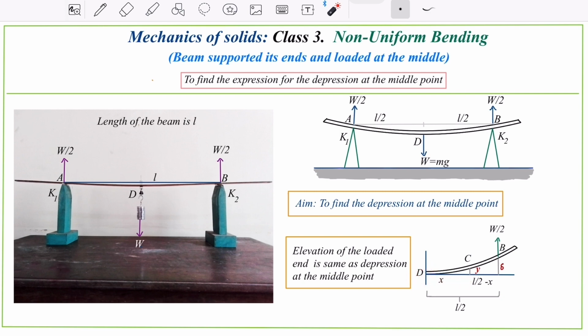Now consider a section C inside the beam which is at a distance X from the fixed end, where the deflection is Y. Delta is the maximum elevation that is produced at the loaded end of the inverted cantilever.